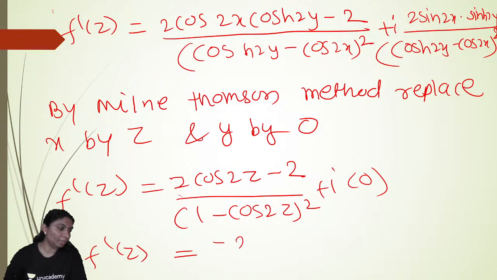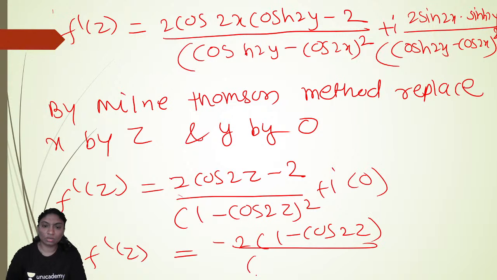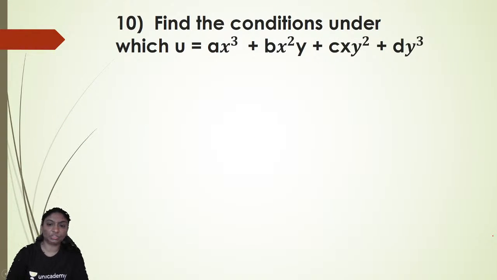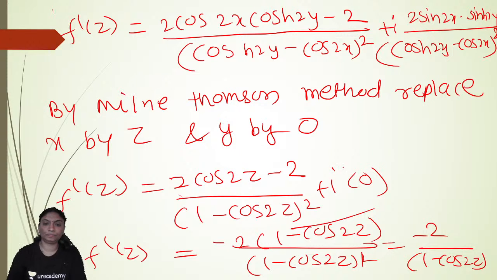Here you will get minus 2 into bracket 1 minus cos 2z upon 1 minus cos 2z bracket square. This one becomes cancelled out, so minus 2 upon 1 minus cos 2z plus c. So f dash of z is equal to this, right?